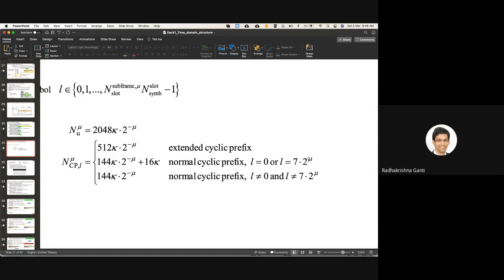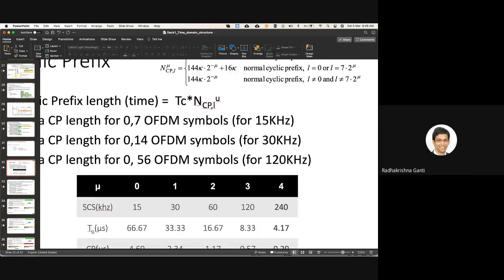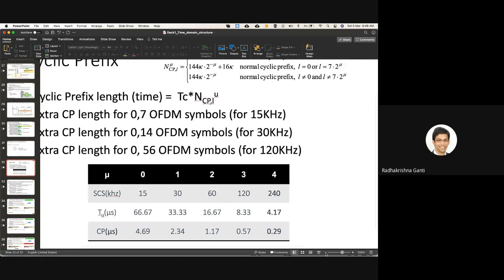Even for the normal cyclic prefix, there are two types of cyclic prefixes. One is 144κ times 2^(-μ), and another is 144κ times 2^(-μ) plus 16κ. This plus 16κ is there only for OFDM symbols number l equal to 0 and l equal to 7 times 2, that is 14. Whereas the normal smaller cyclic prefix is there for all other OFDM symbols. Fine. What does this mean? We'll do that in a minute. I'll show you the pictorial, then it will become very clear.